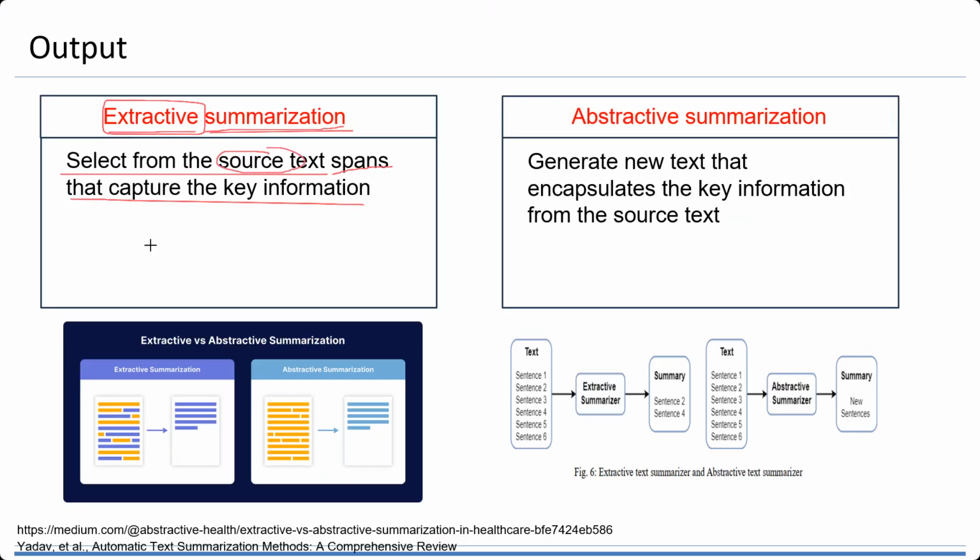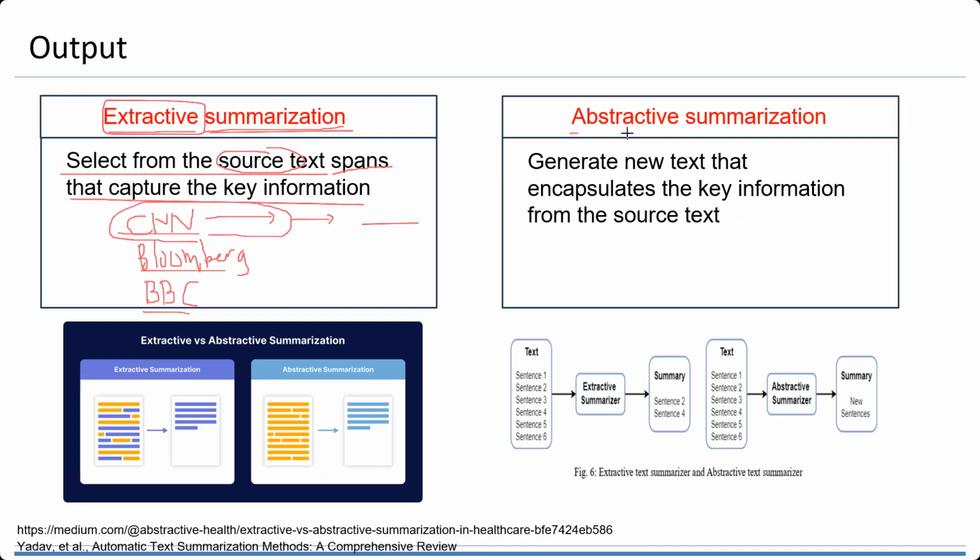Let's say the first is CNN, the second is Bloomberg, and next maybe BBC. After you collect those, you see that the easiest news to understand is CNN. Then you will select this source and do the summarization based on CNN. So we only extract from one source.